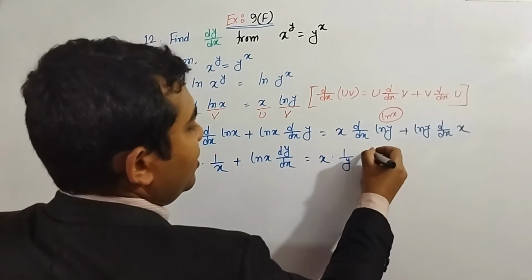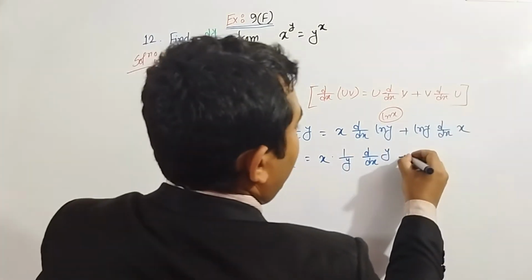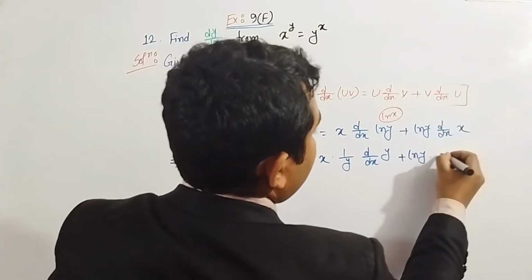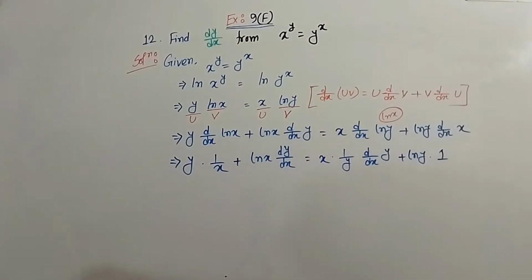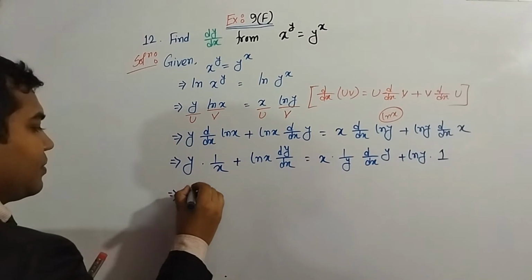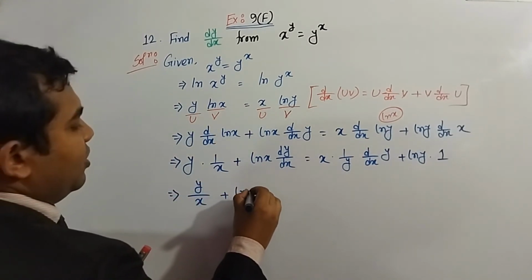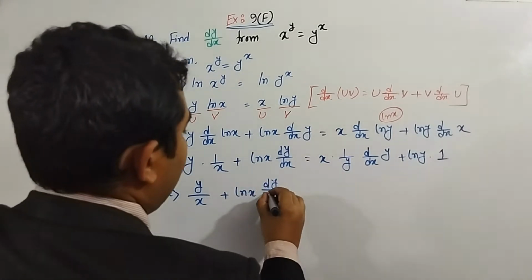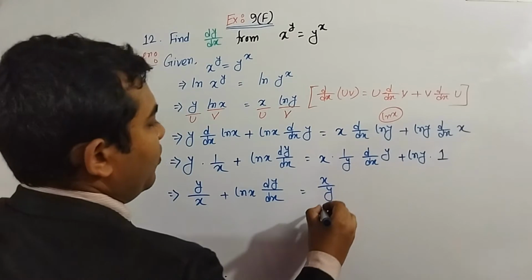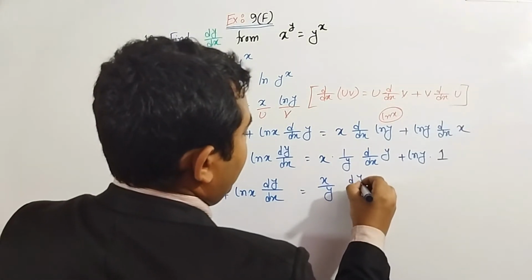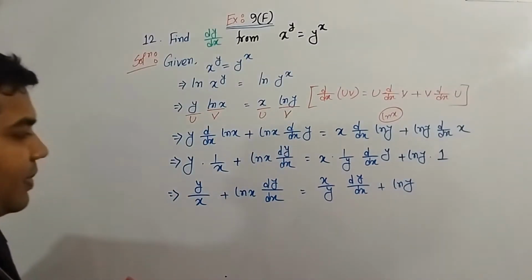Since y is not x, we multiply by dy/dx, plus ln y into d/dx of x, that is 1. So here y/x plus ln x into dy/dx equals x/y dy/dx plus ln y.